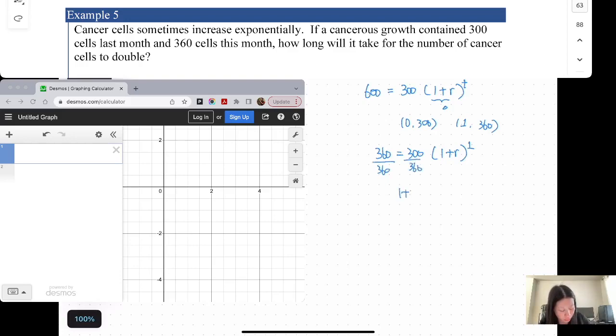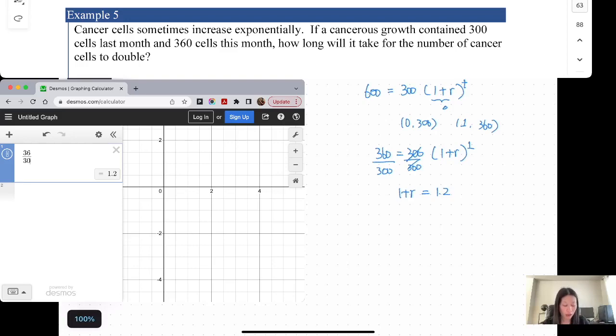So that means 1 plus r equals 360 divided by 300, which is 1.2. So the growth rate is 20%. It doesn't matter. We don't need to know r. We just need to know 1 plus r.